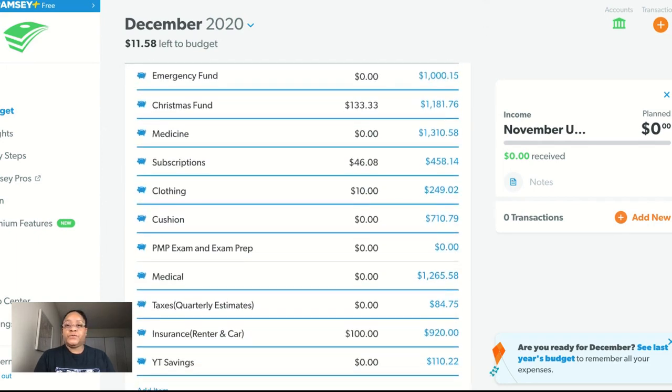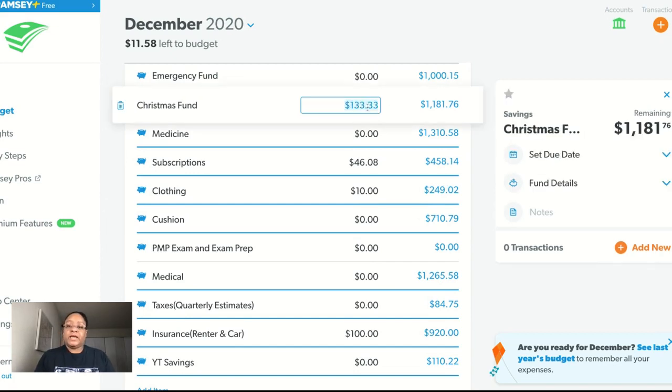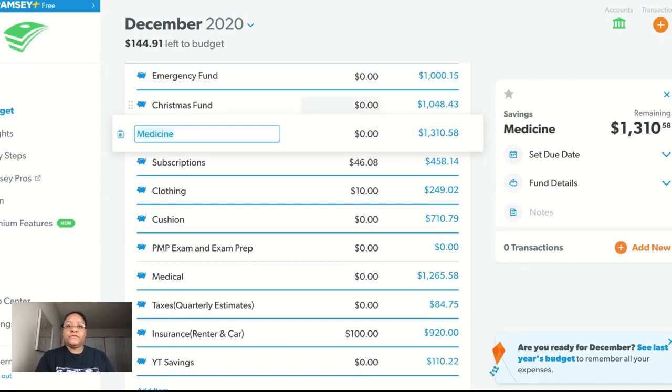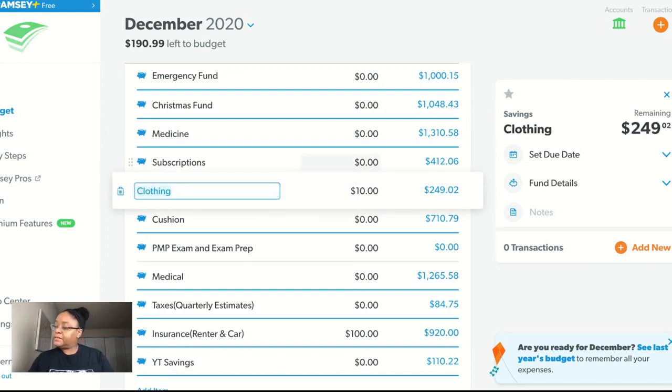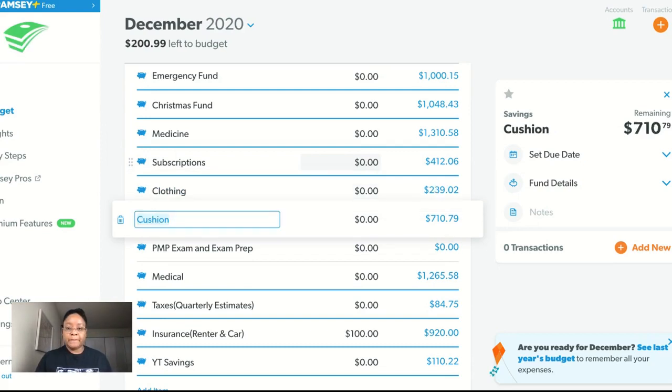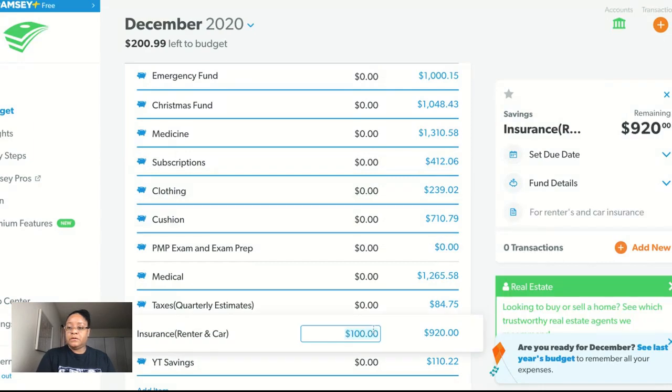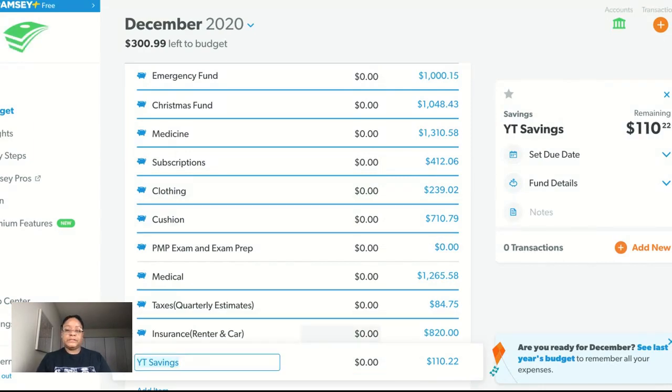And so now I'm going to go through and look at the funds. For December, because of everything that I've got going on, I'm not saving anything for Christmas and gifts, I'm not saving anything for my subscriptions, I'm not going to save anything towards my clothing, and I'm not saving anything for my insurance.